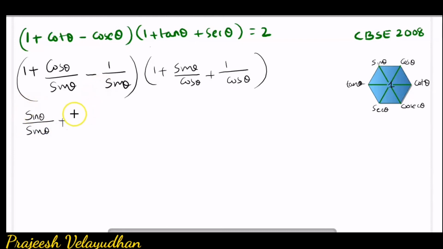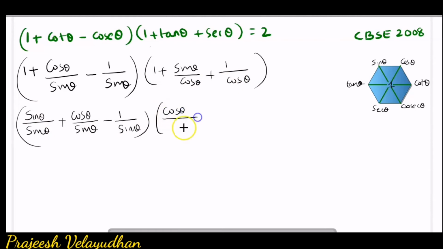So making like fractions. Cos theta upon sin theta minus 1 by sin theta into 1. Here you can see both denominators are cos theta. So this we can rewrite as cos theta upon cos theta plus sin theta upon cos theta plus 1 by cos theta.